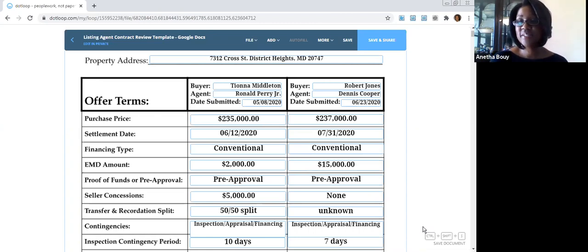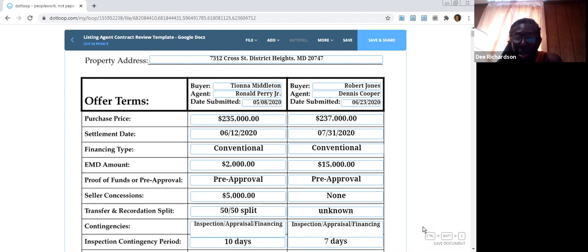No. I thought this was very thorough, Anita. And this template, which is in Brokerman, thanks for bringing it to our attention that it is there. This is very helpful.